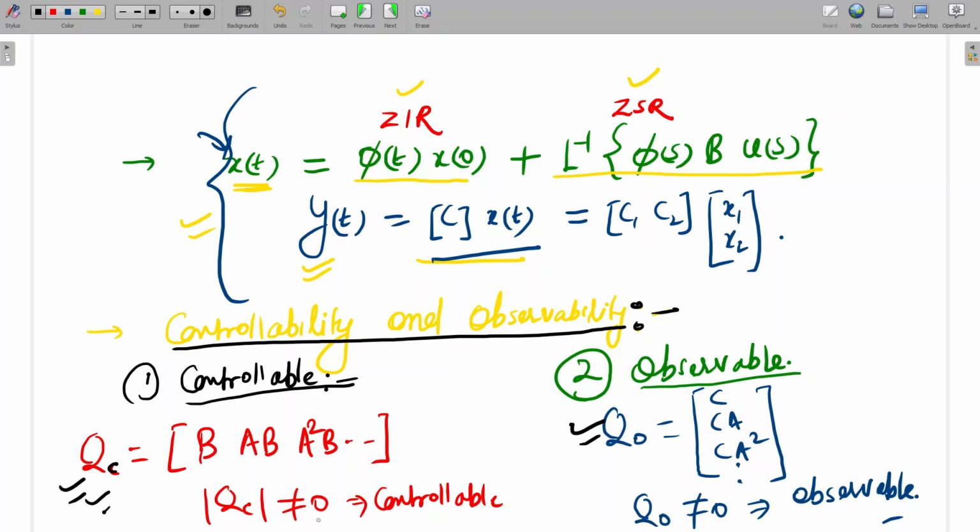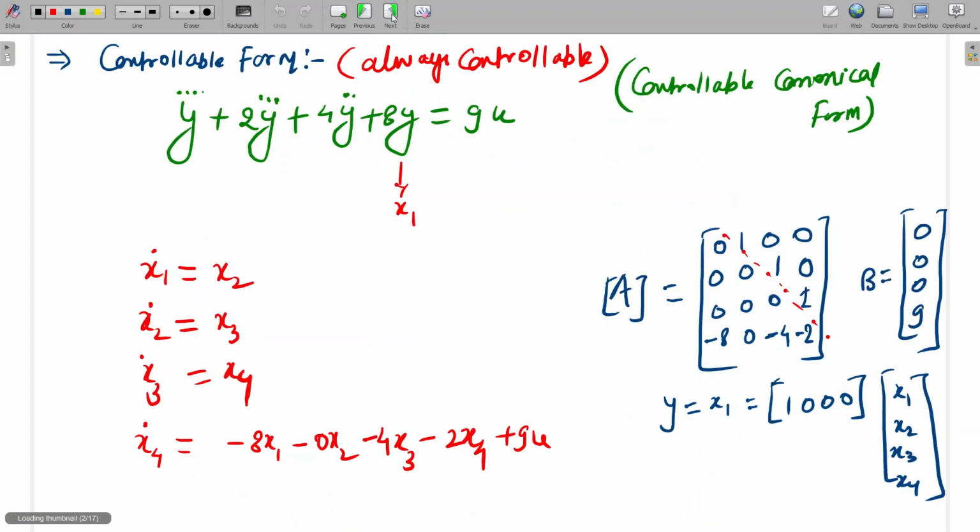If the determinant is not equal to 0, then it will be controllable, and if it is equal to 0, then it is not controllable. Similarly for the observable matrix, if not equal to 0, it is observable, and if equal to 0, it is not observable. I think all of you have already covered this formula in the NPTEL lectures.